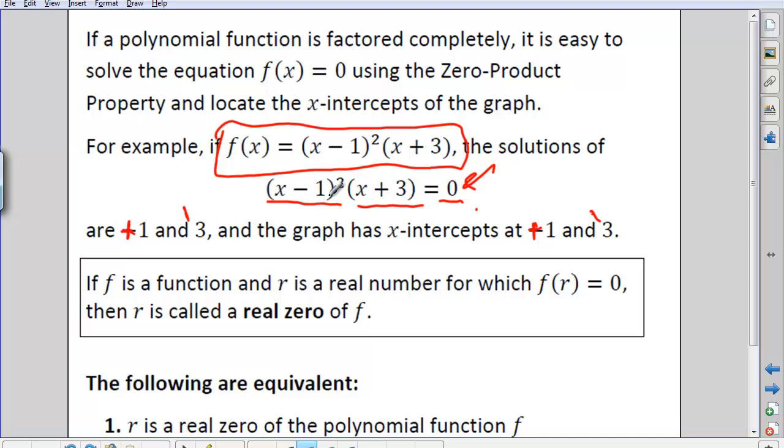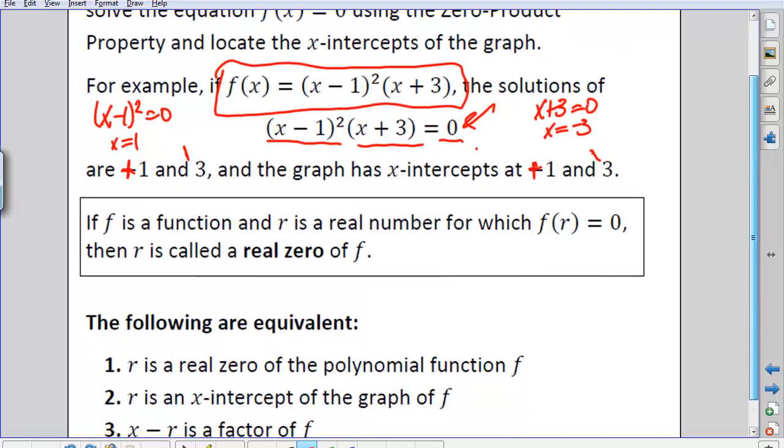Well, if x minus 1 squared is 0, that means x minus 1 is 0, so x is a +1. If x plus 3 is 0, then -3 would be a solution on that side. So that's where we get those from. That's called the zero product property. If you multiply two things and get a 0, one of them had to be a 0.